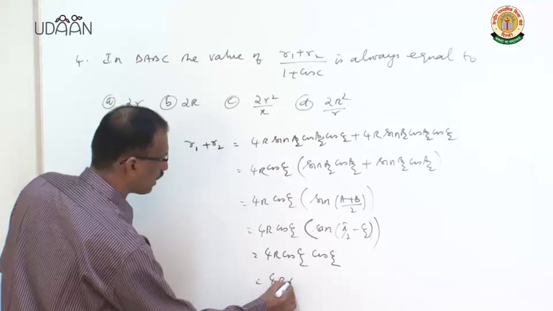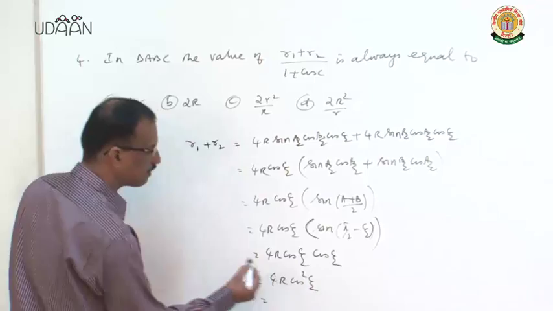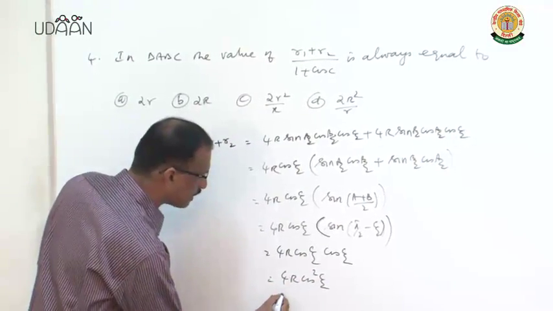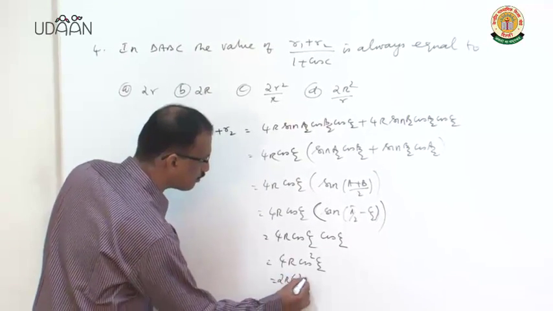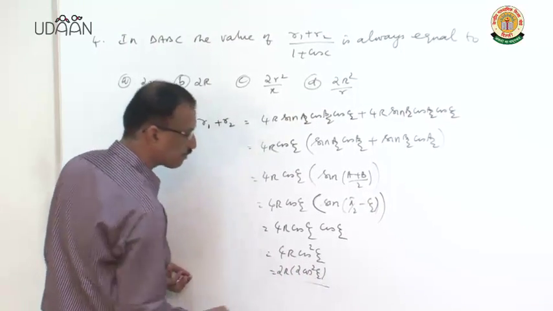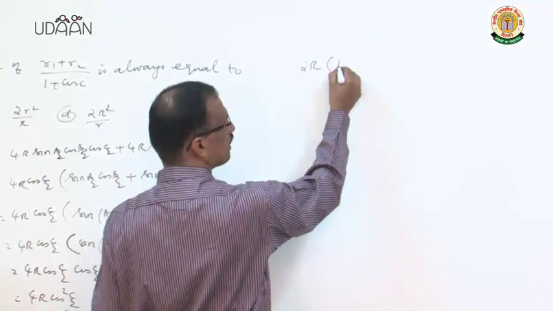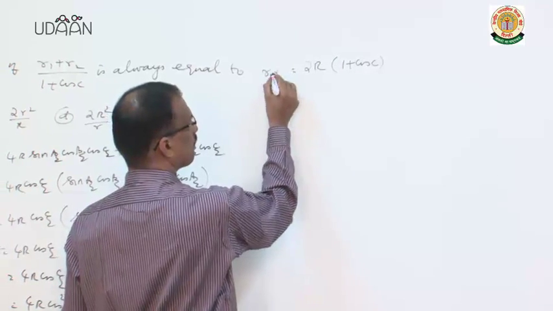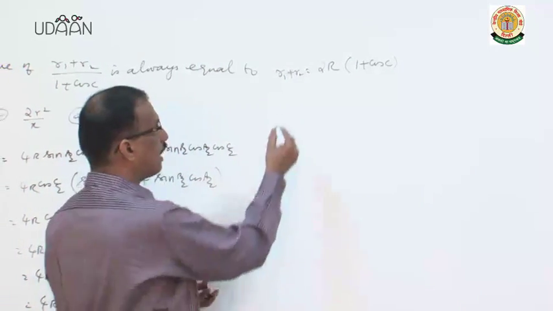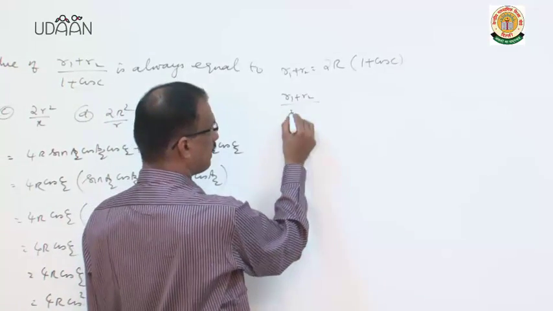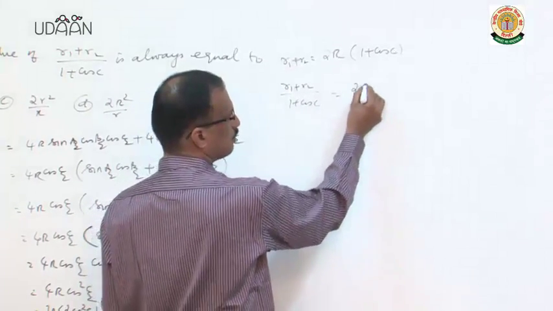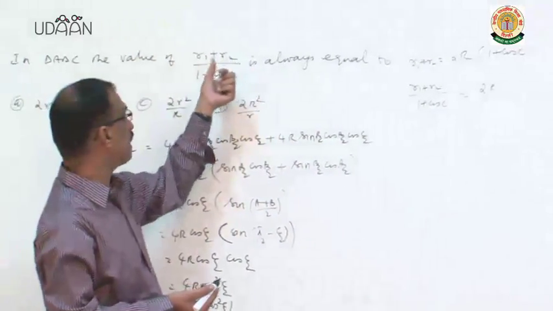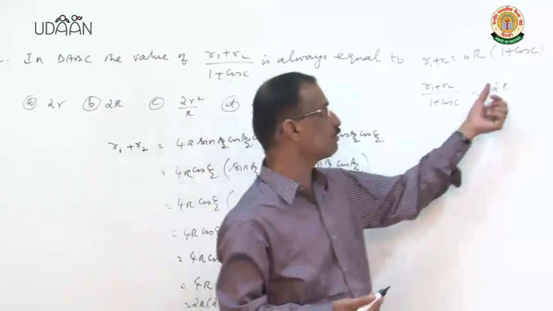So, this gives us 4R cos squared C by 2, or you can say 2R into 2 cos squared C by 2. 2 cos squared C by 2 is 1 plus cos C. This is what R1 plus R2. So, R1 plus R2 upon 1 plus cos C equal to 2R.